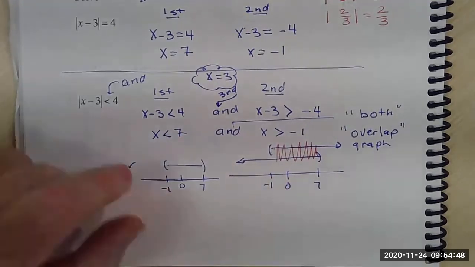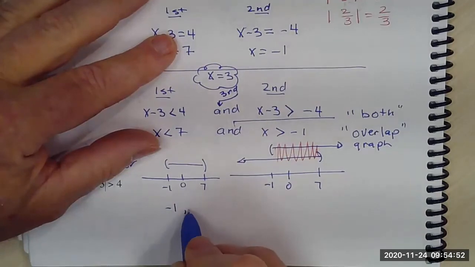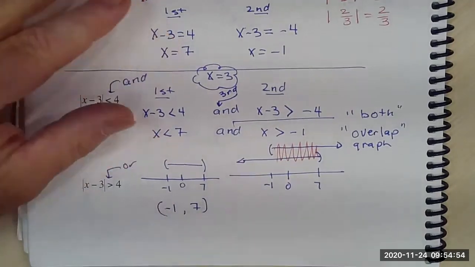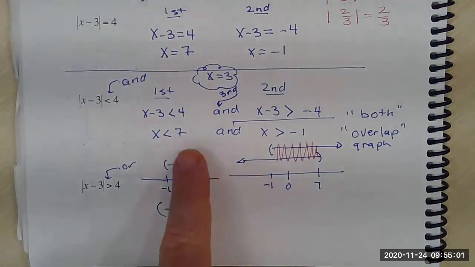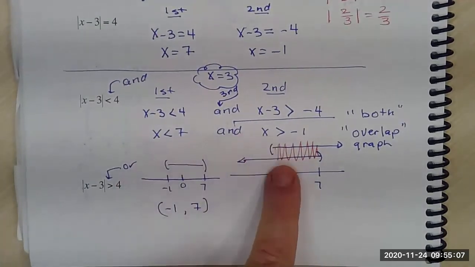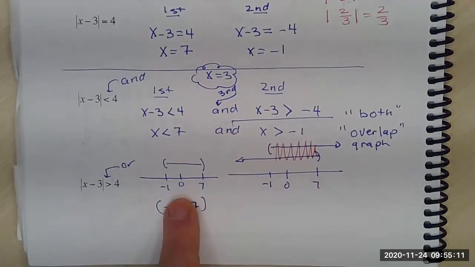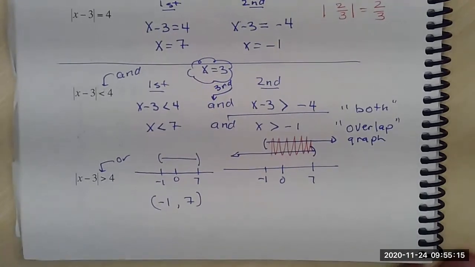His interval notation would look like (-1, 7), parentheses, parentheses, like that. I use this method because most students come back to me and say this certainly helped them understand it better to get to the answer than how the author did it. And that's why I keep this method.